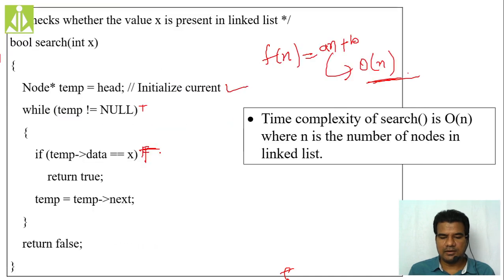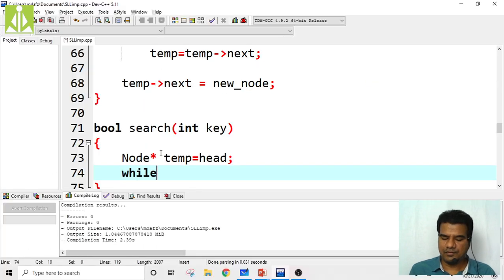Then, using a while loop, while temp of next should not be equal to null.